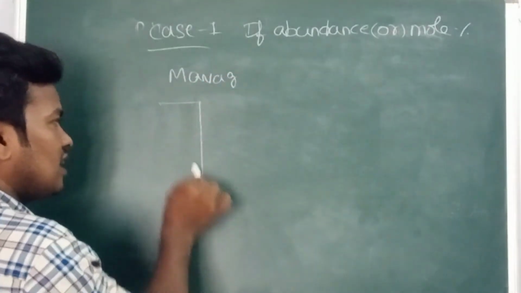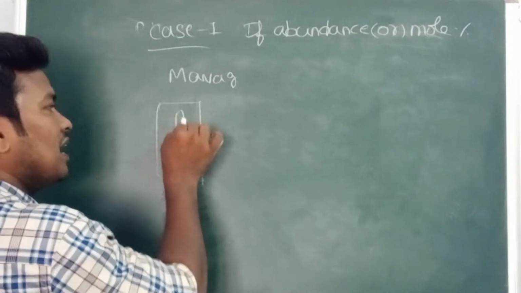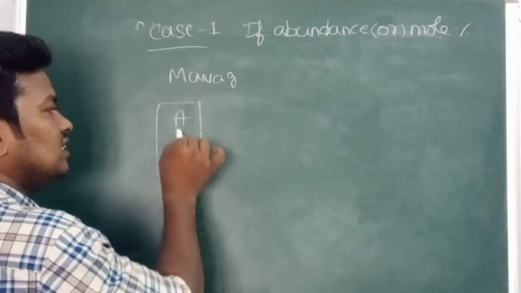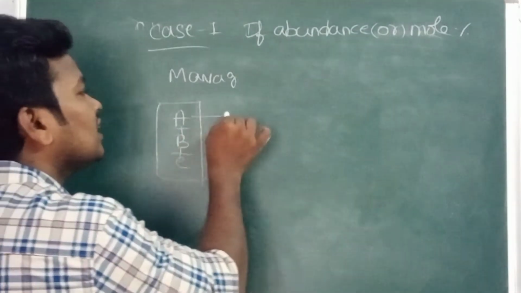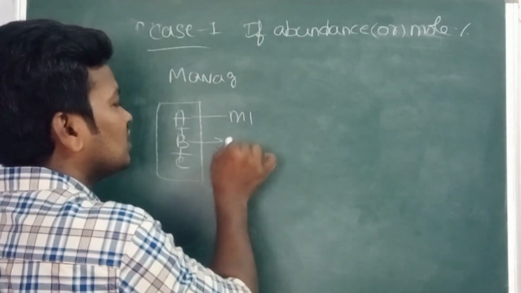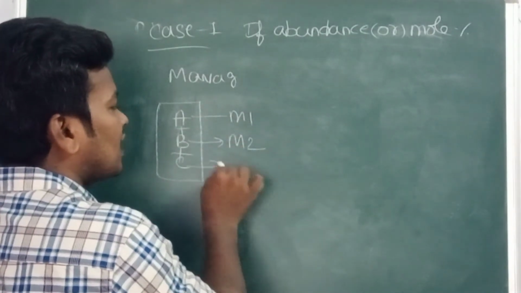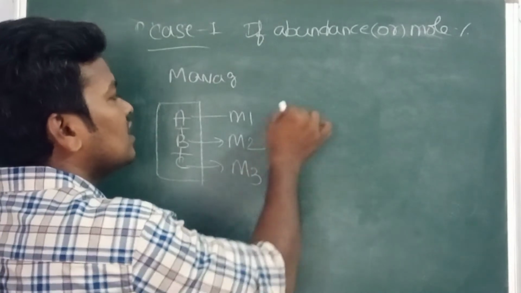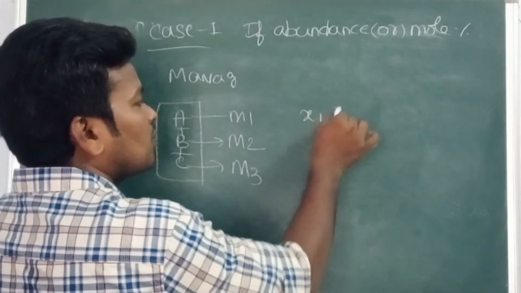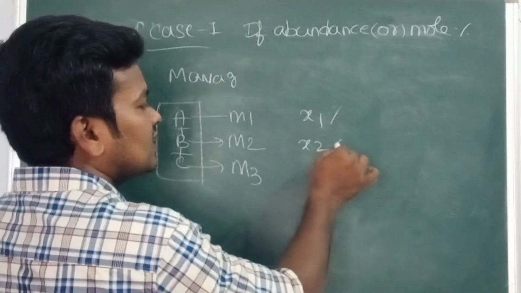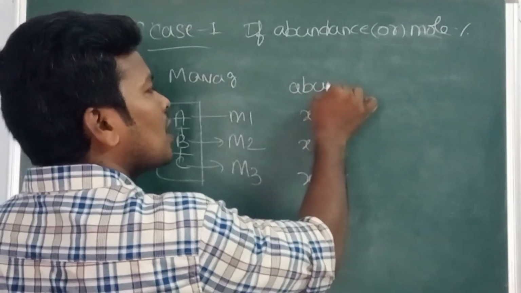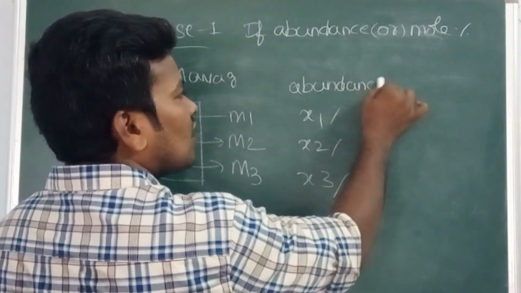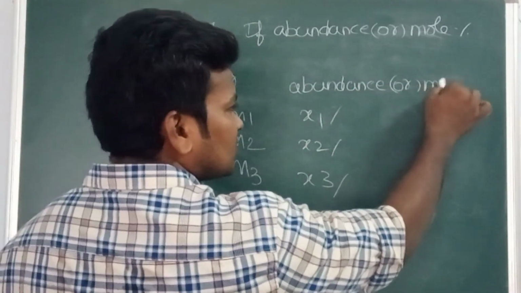In a beaker, A plus B plus C, three molecules are present. They have molecular masses M1, M2, M3. Abundance: X1 percentage, X2 percentage, X3 percentage, abundance or mole percentage.